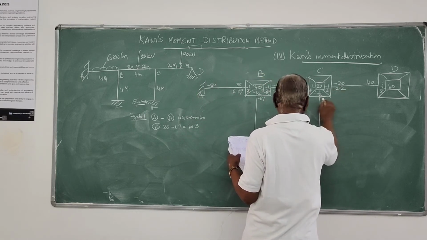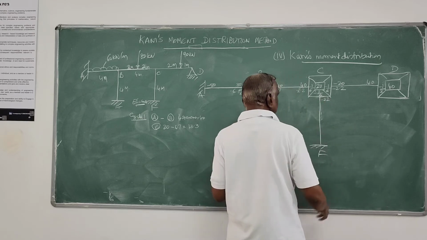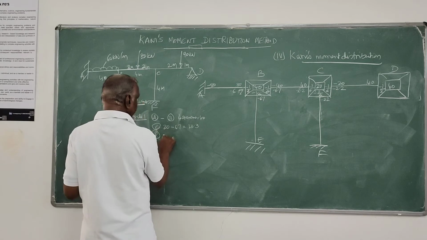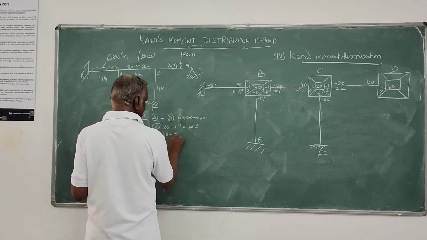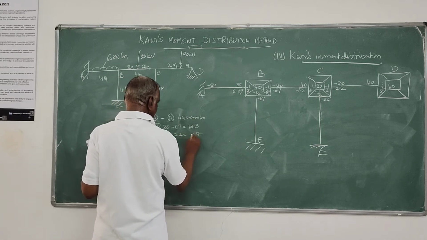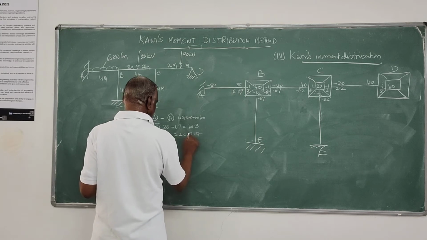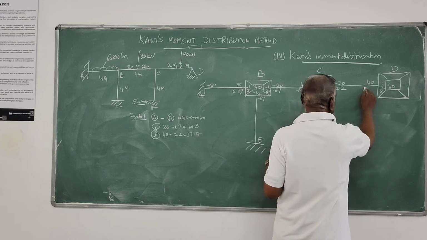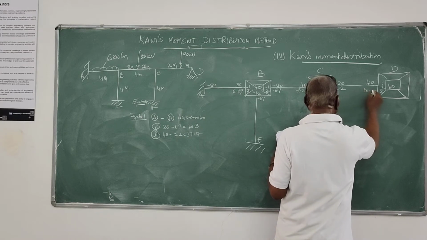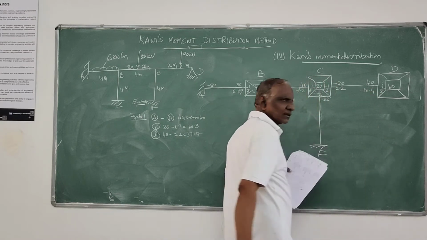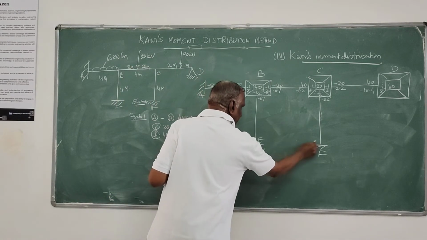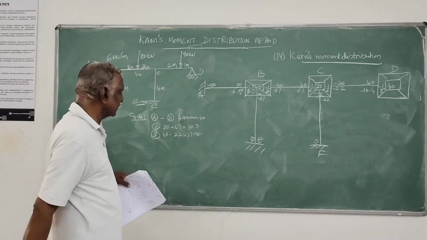Here also minus 2.2, and here also minus 2.2. Then last, joint D: 40 minus 2.2, that is 37.8, into minus half, that is minus 18.9. So this is your cycle 1. Here of course 0, 0, that is rotation.